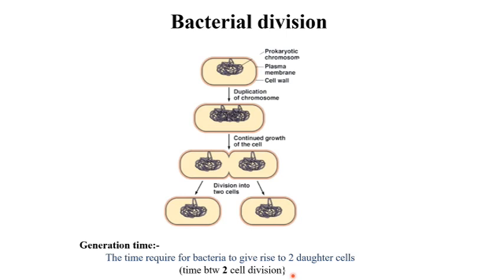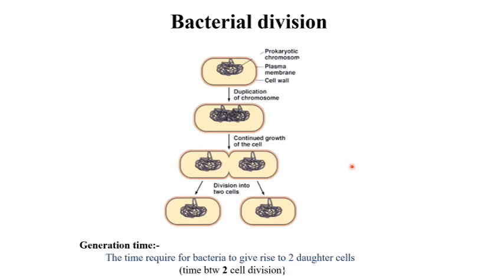And depending upon the organism, the generation time will be different. For example, in the case of E. coli, Escherichia coli, the generation time is about 15 minutes, and the Staphylococcus will be 13 minutes. And like that, depending upon the organism, the generation time will be different.